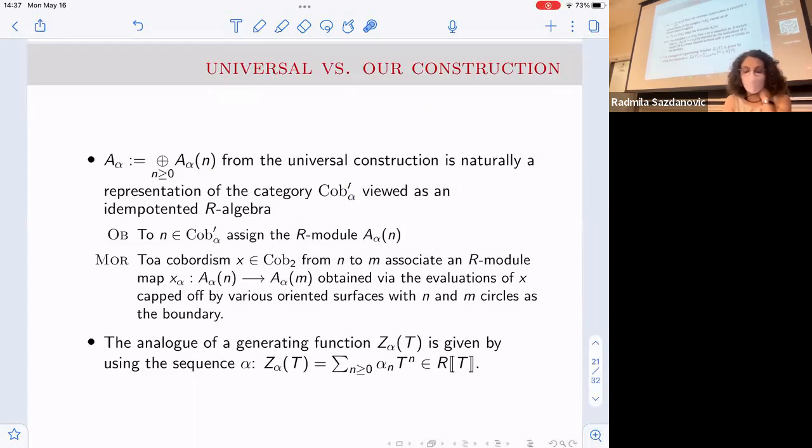To an element N in Cob alpha prime, you assign this module A alpha of N, and to a cobordism, I associate a module map, because that's what usually happens, that sends A alpha N to A alpha M. How do I get that? I'll just evaluate X capped off in various ways. And so on.